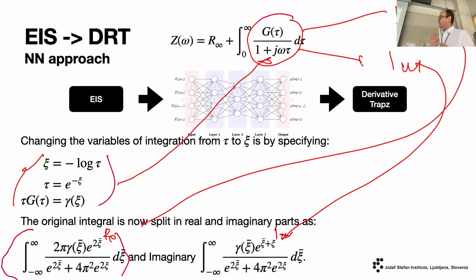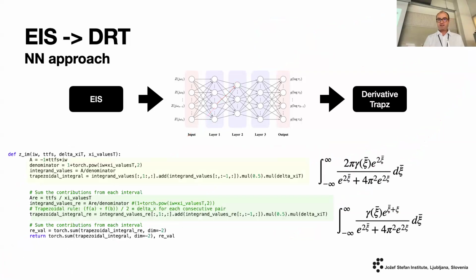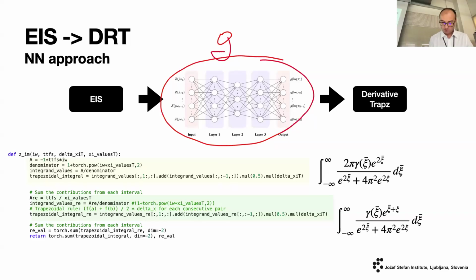So what we have now, what we obtained, the following thing. I'm going to scribble it down here. So this is our approximation of the function g of tau. This is our DRT. And from this DRT, we split... something broke.